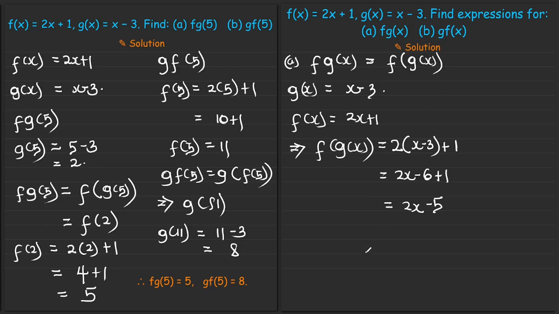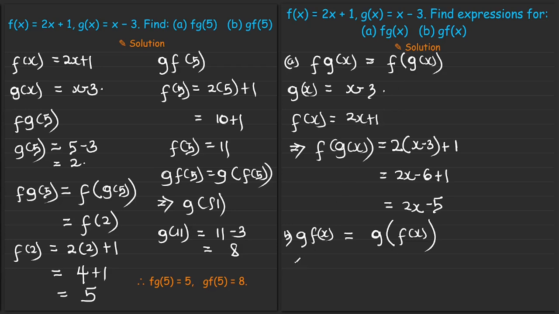For the second one, we have g of f of x. And we know what that means. It simply means what? The whole of g. We are substituting f of x in there. And once again, we know what g of x is. We know what f of x is.